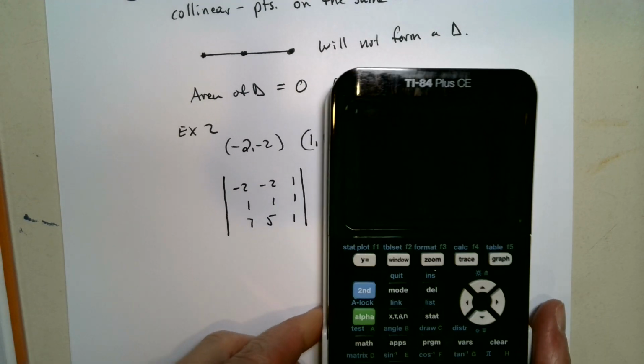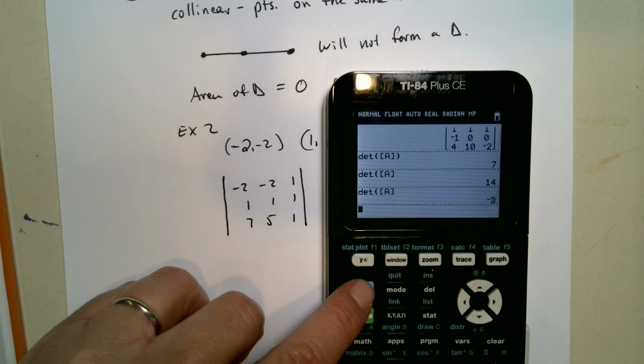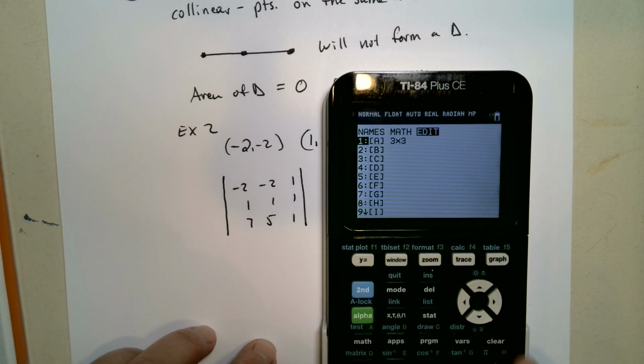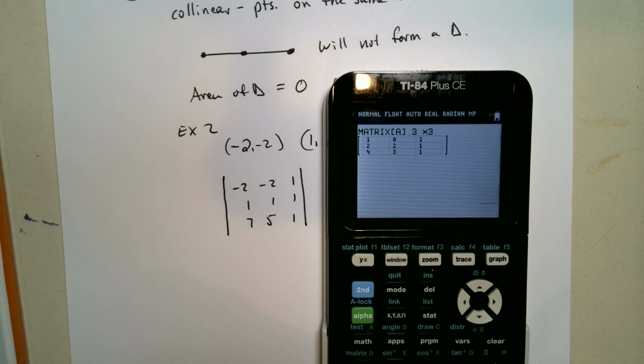And so I'm going to get my calculator. I'm going to go back and change. This is still a 3 by 3, but it's -2, -2, 1, 1, 1, 1, 7, 5, 1.